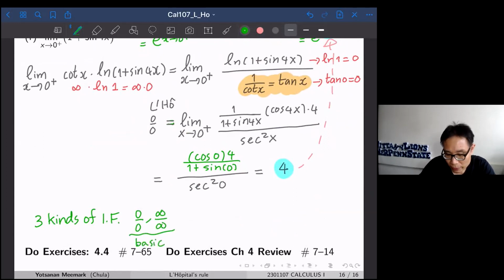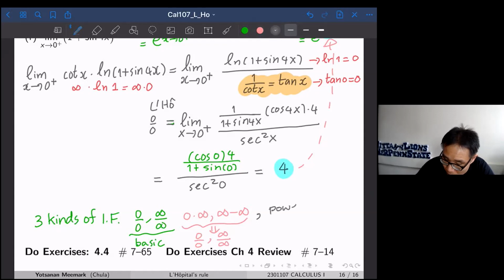And we have the second kind, which is 0 times infinite and infinite minus infinite. I told you to change these to 0 over 0 or infinite over infinite. And the last one will be the power ones. I'm not going to ask you to memorize those.